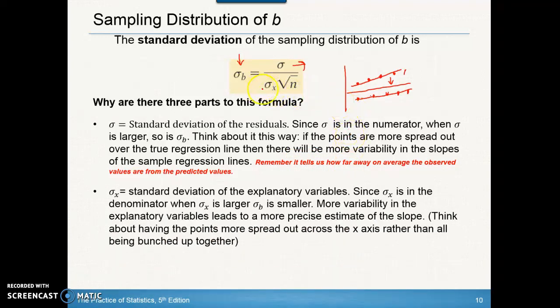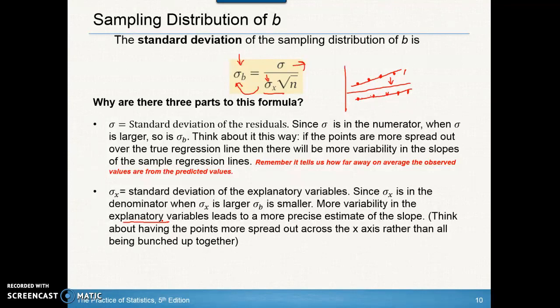Now this number down here is your standard deviation of the explanatory variables. Since it's in the denominator, if you have a large standard deviation here, then the standard deviation of your slope is going to be smaller. More variability in the explanatory variables means I have many different values in my explanatory variables, which leads to a more precise estimate of the slope.